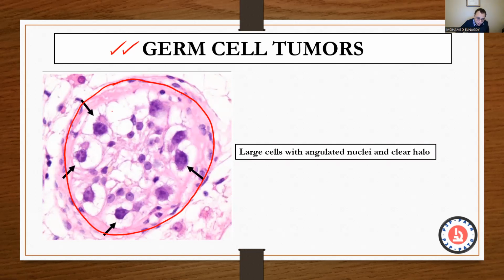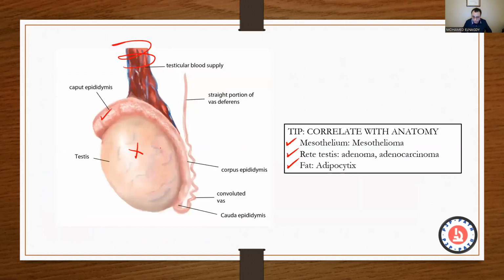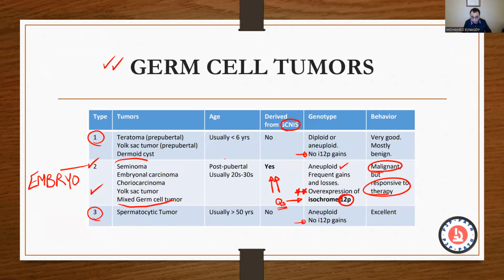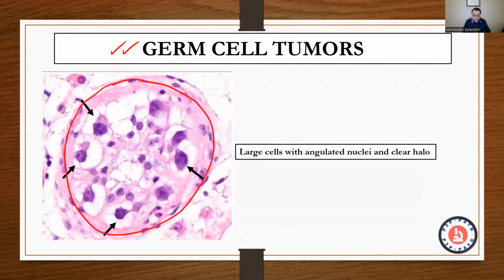But instead of the normal spermatogenic cells, see the difference, these well-preserved seminiferous tubules are filled with large cells.